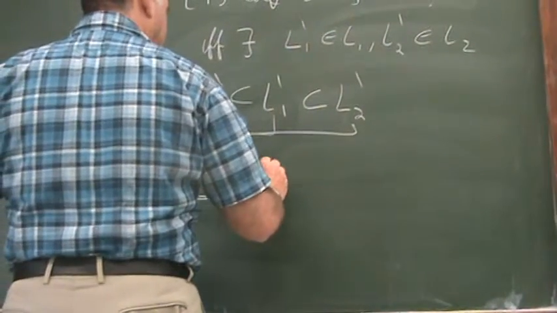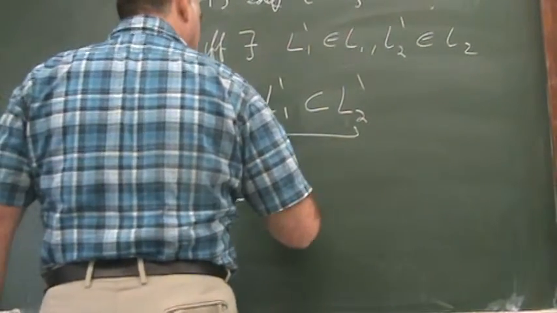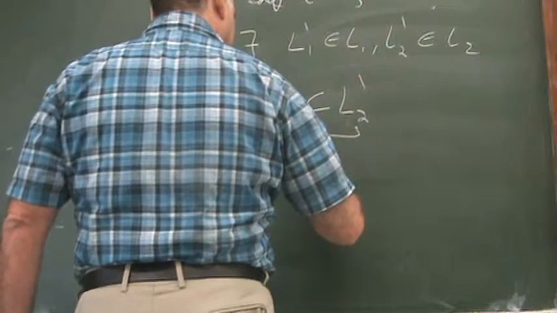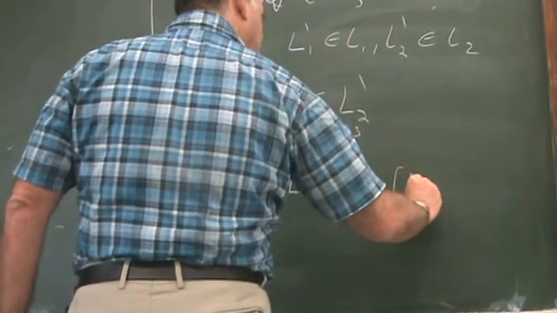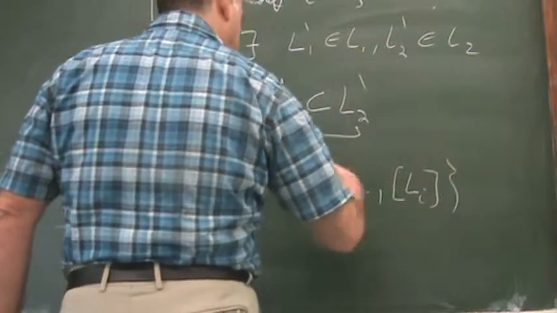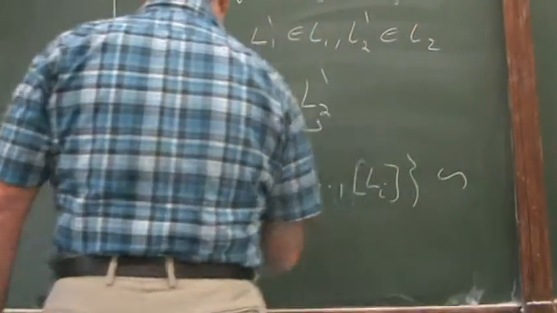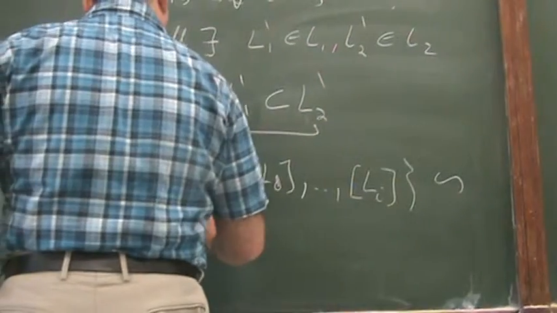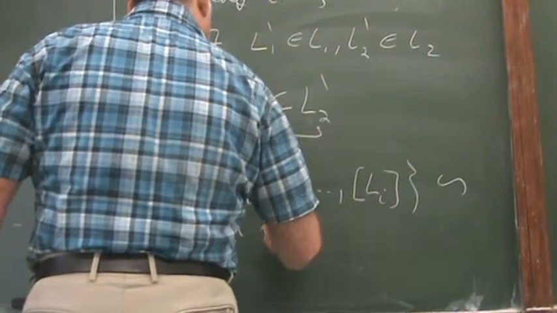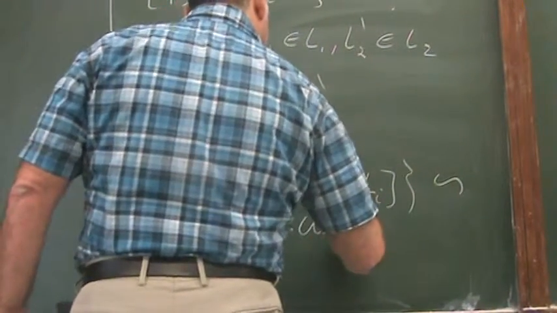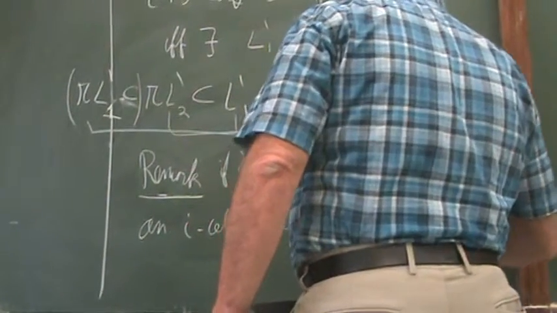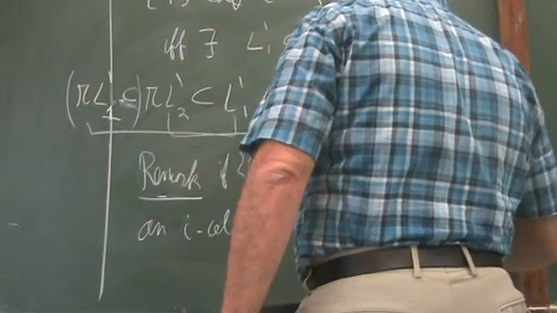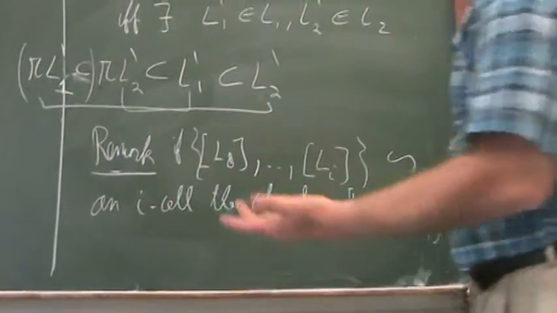Clearly, if L0 up to Li is an I cell, then clearly each Li is a neighbor of Lj. It's adjacent to Lj by definition.